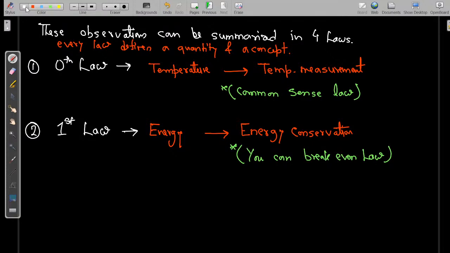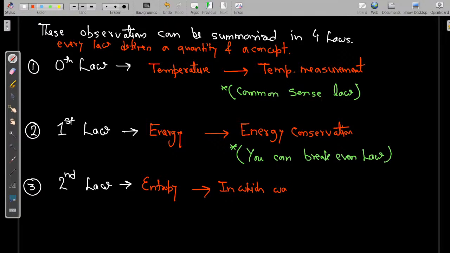Then third one is the second law, and the quantity which it defines is entropy, and the concept related to that is in which way a process will go.